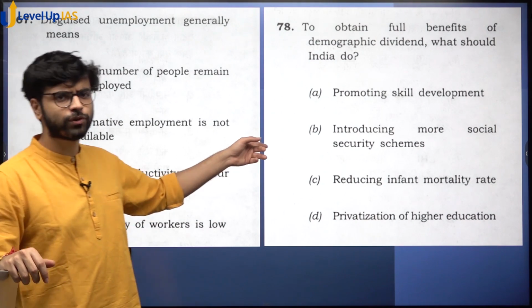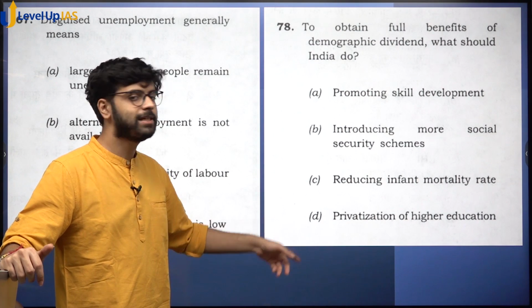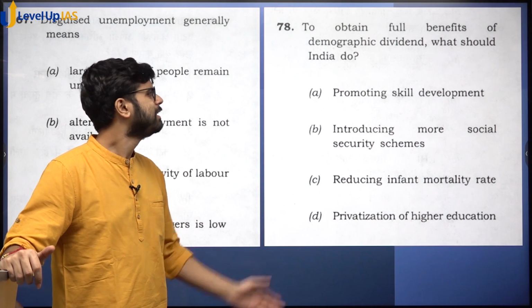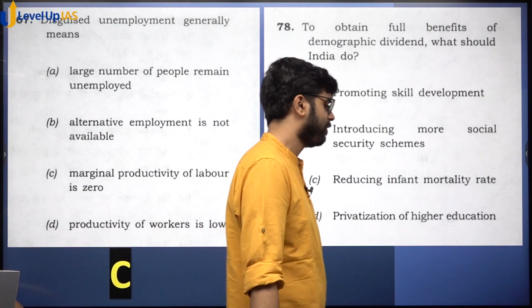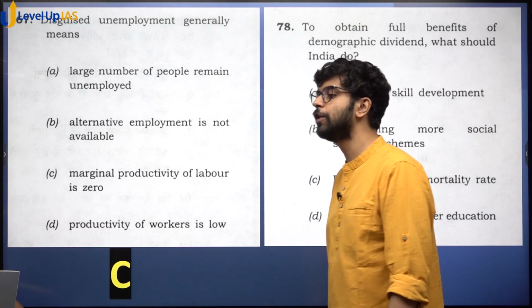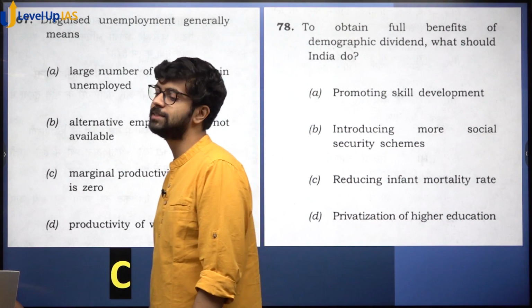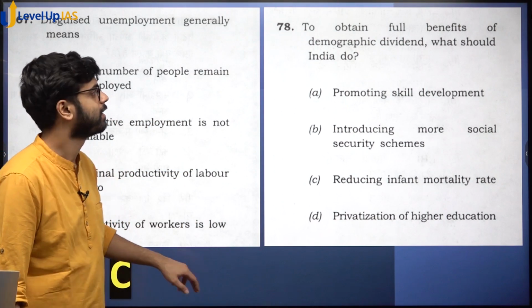By introducing more social schemes, by reducing IMR, or privatization, or what? Simple, by skilling them, promoting skill development. When you skill them, they will be of more use. What is the use of a youth population which is not skilled, which cannot do any work? No use. Promoting skill development. Next.